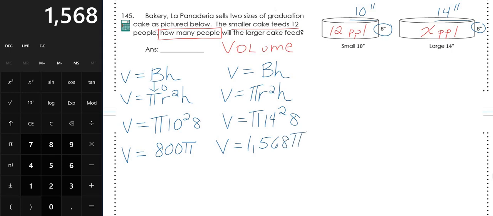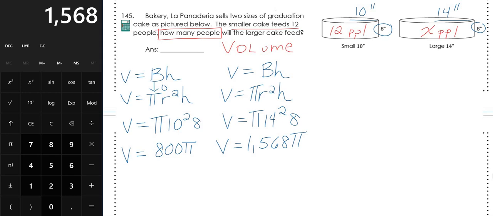Now, when I'm all of a sudden talking about people or plants or ants, or converting volume into gallons or people and doing something weird, we've never taught you how to find people. So what you want to do to stay safe is set up a proportion. Proportions are some of your best friends.